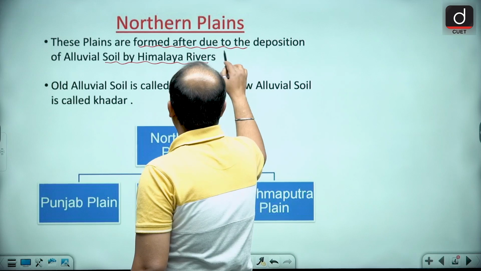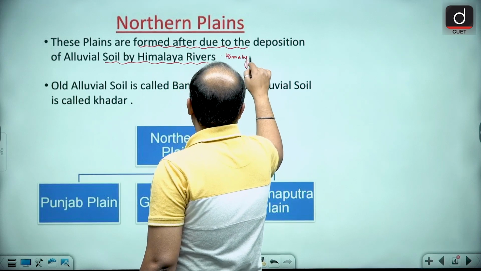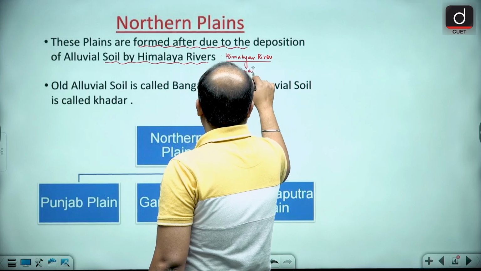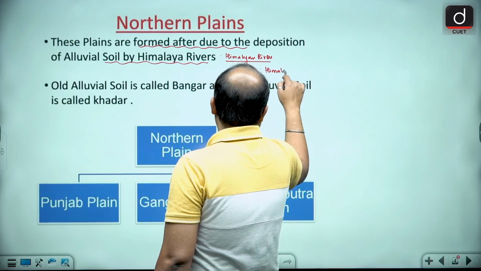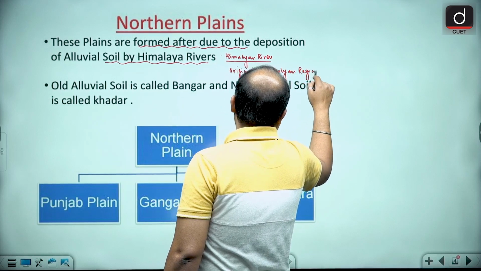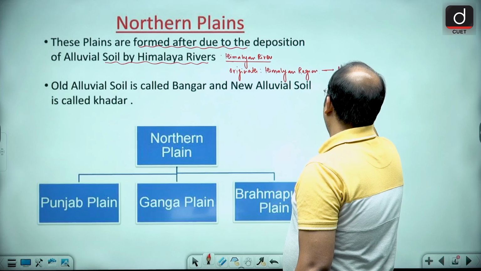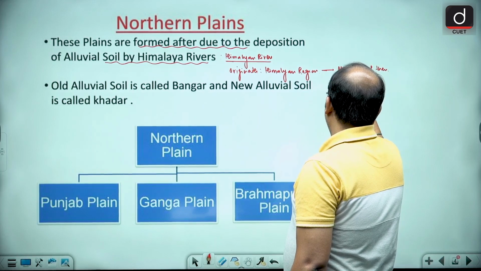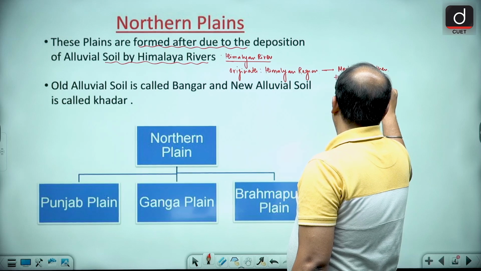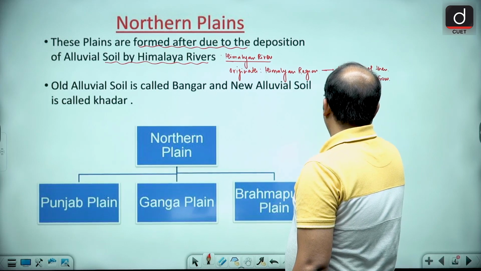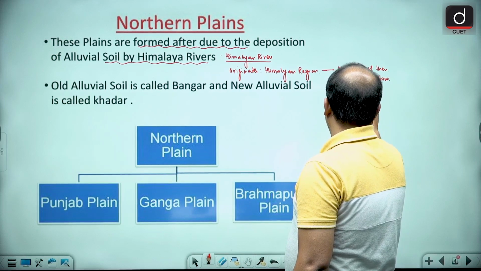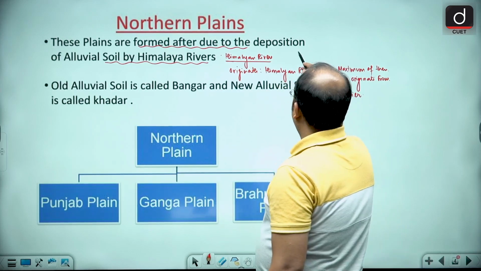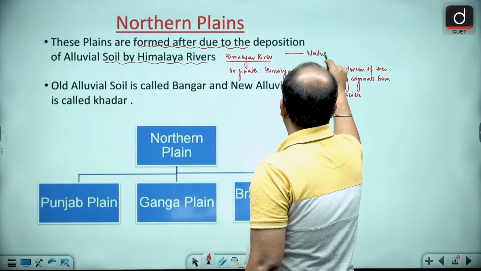My dear learners, the Himalayan rivers are those rivers which originate from the Himalayan region, and maximum of them originate from the glacier, and since they originate from the glacier, therefore the nature of the rivers is perennial.